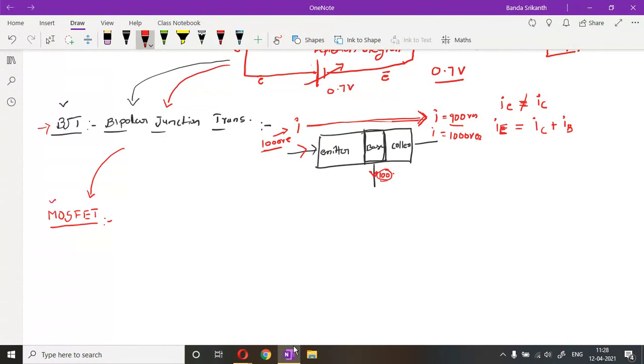So in the MOSFET, what happened? This is the MOSFET. Later we will explain the clear operation and construction, but just to show the difference between BJT and MOSFET, I am drawing this.